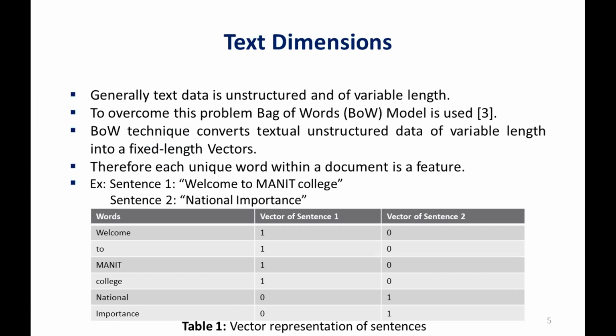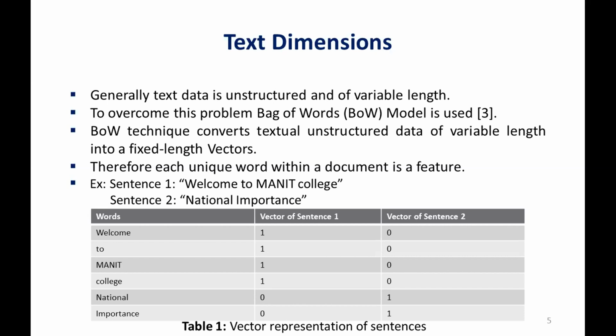Now text dimension. This is just an overview of what text dimensions are. Generally text data is unstructured and can be of variable length. To overcome this problem, the bag of words model is generally used. In bag of words, we represent each sentence through vectors.